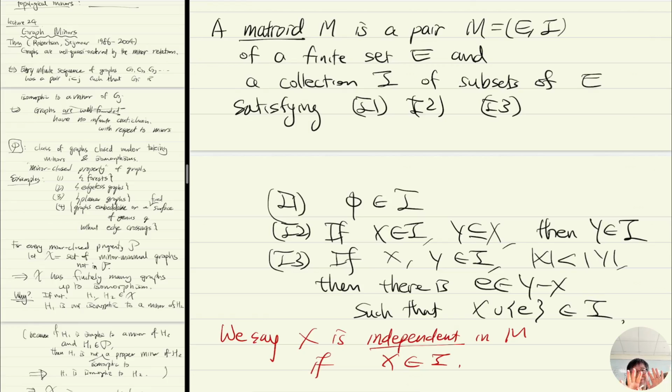If you have two sets of linearly independent vectors, and one is smaller than the other, then you can find some vector in Y so that you can add it and still be linearly independent, because the whole space has the same dimension. Since the size of X is smaller, you must have some vector left over in Y, which you can add to X and keep independence. So that's the motivation for the axioms.